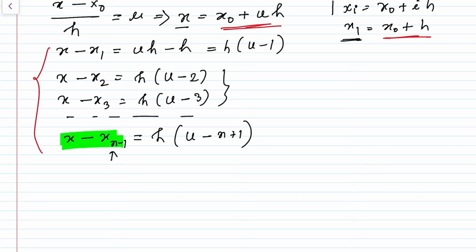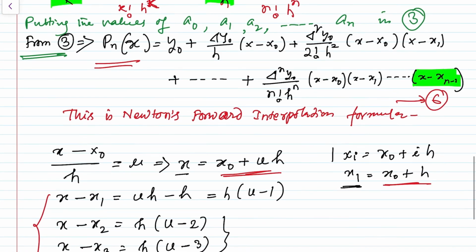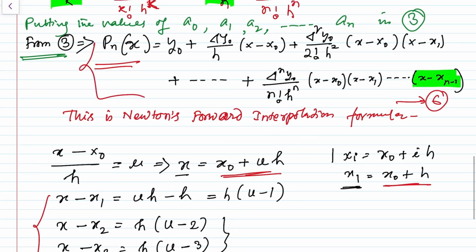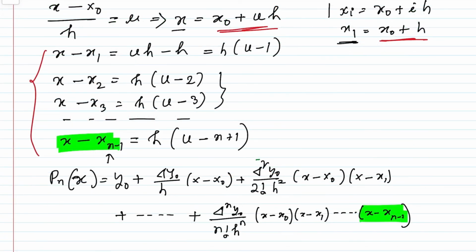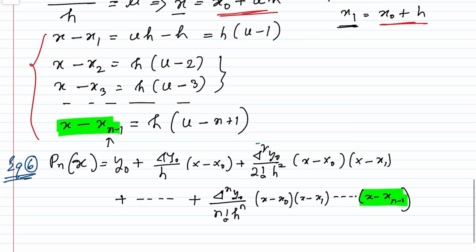Now if you put these values of x minus x1, x minus x2, x minus x3 up to x minus x n minus 1 in this equation number 6, then what you will get? Now here you see this is the equation number 6.